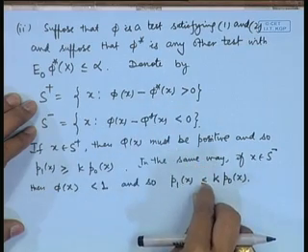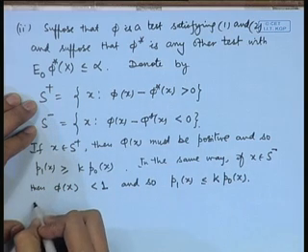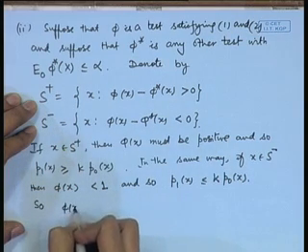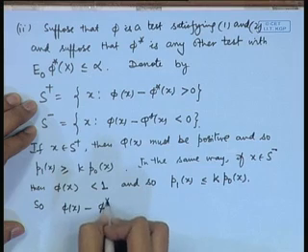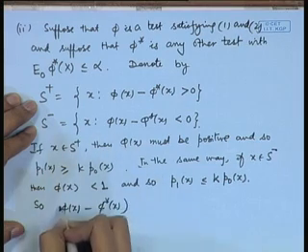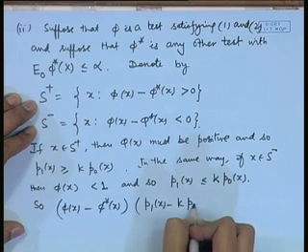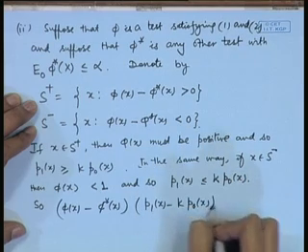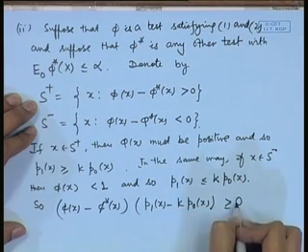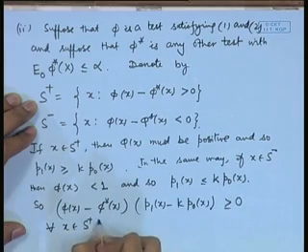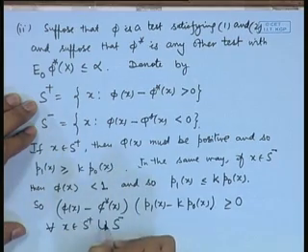So the product will become greater than or equal to 0. So what we are getting is that phi x minus phi star x into p1 x minus k p naught x is greater than or equal to 0 for all x belonging to S plus union S minus.